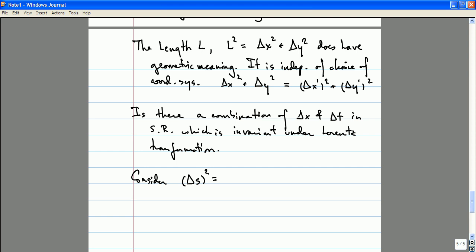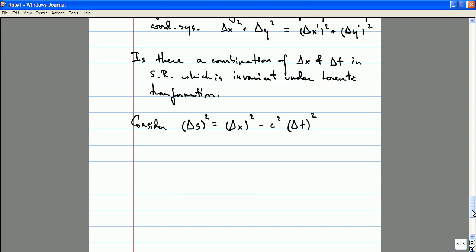Given two events with spatial separation delta x and time separation delta t, let me consider the following quantity. It is the difference between the square of their spatial separation, and c squared times the square of their time separation.